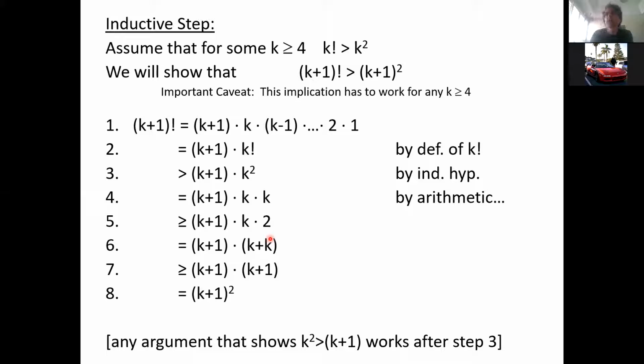A lot of people are hung up on a particular derivation here, and they say, oh, why do I have to use this derivation? And I say, you don't have to. You pick your own derivation, whatever you want. Just show somehow that this thing is at least this thing. Okay.